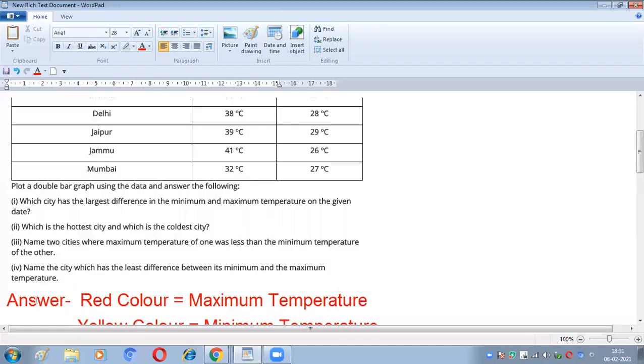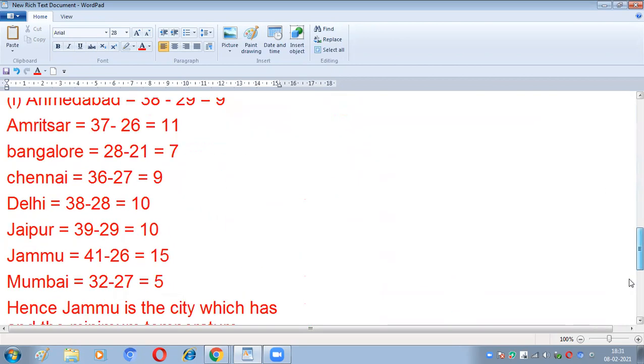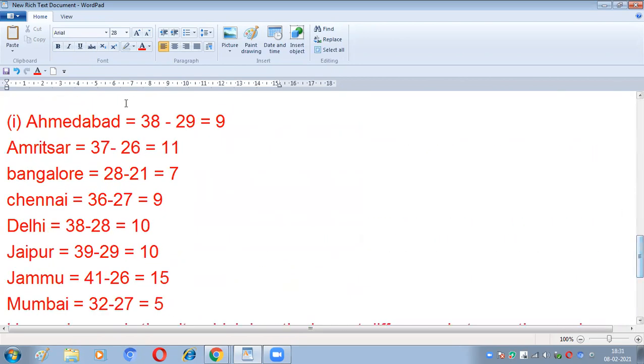So friends, fourth bit is: name the city which has the least difference between its minimum and maximum temperature. Just see here. Ahmedabad is having a difference of 9 degrees Celsius. Amritsar is having 11 degrees Celsius. Bangalore is having a difference of 7 degrees Celsius.